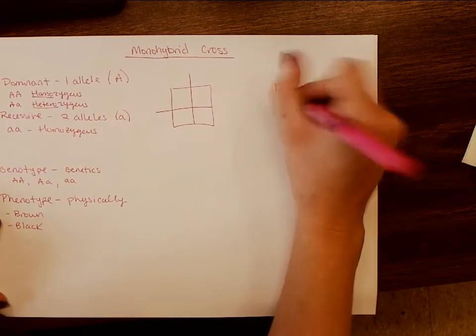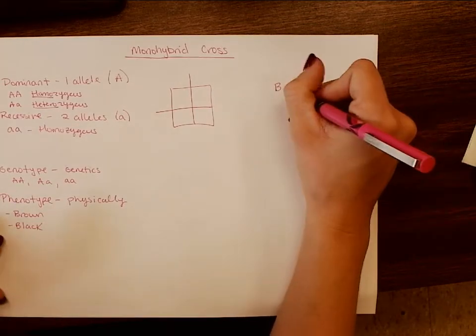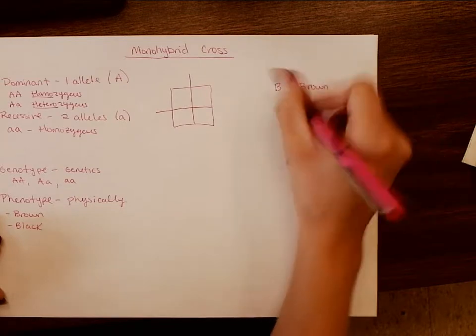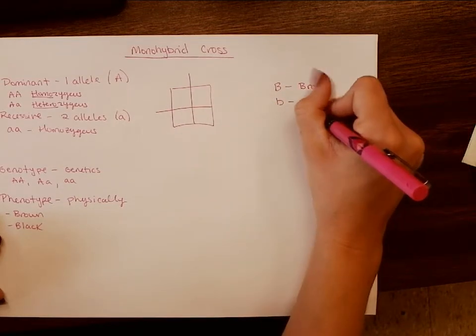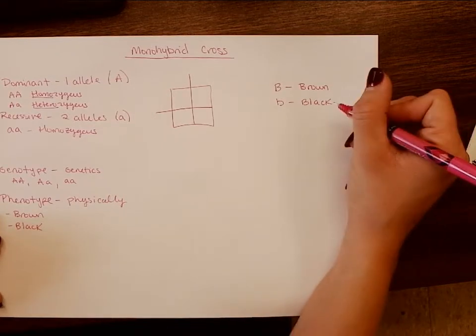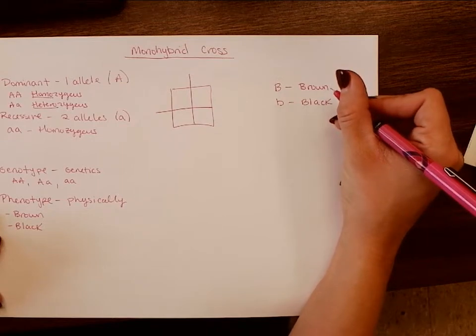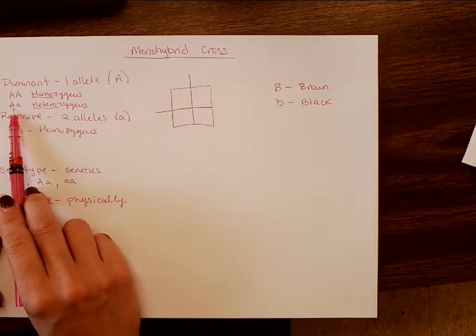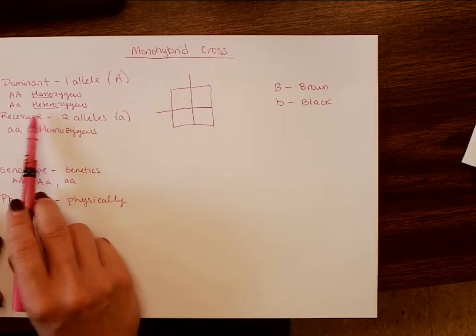We'll just say that we'll use B's for this example, that a capital B is going to give brown fur, and a lowercase b is going to give us black fur. If we take a parent who's going to be heterozygous for brown fur, we know the genotype has to be one capital, one lowercase, because hetero means different.